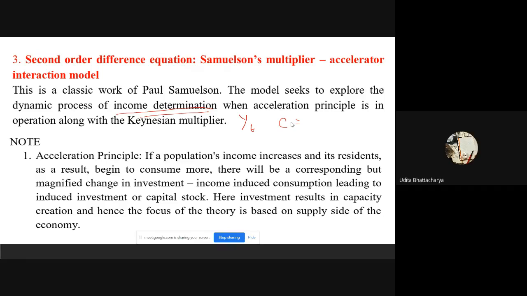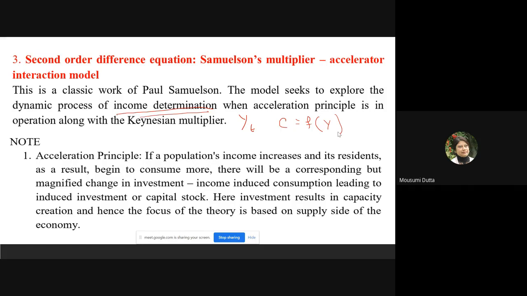C is equal to A plus BY. Okay, so C is a function of income.